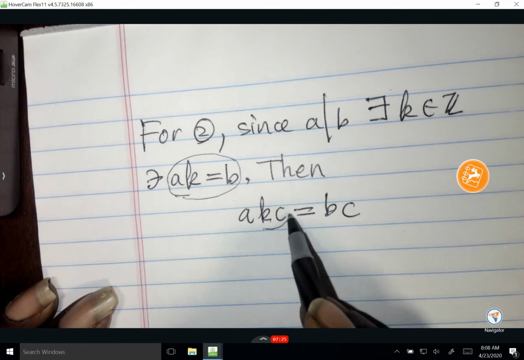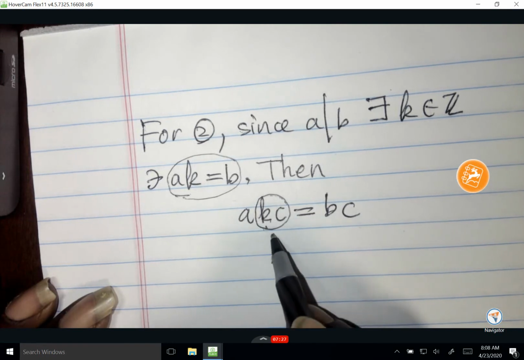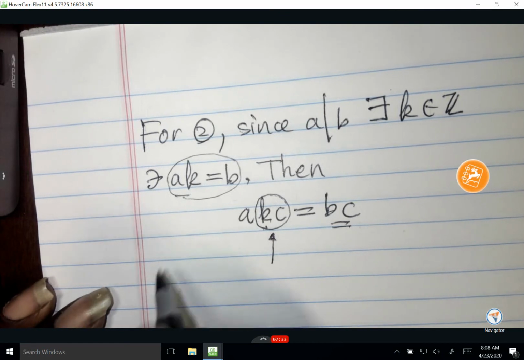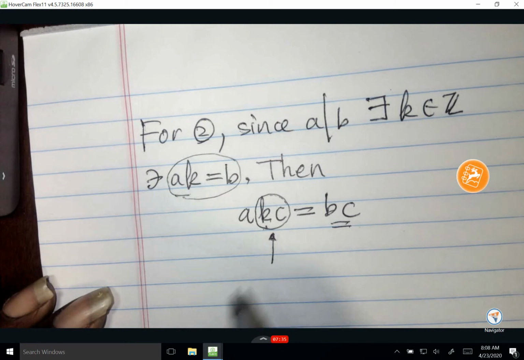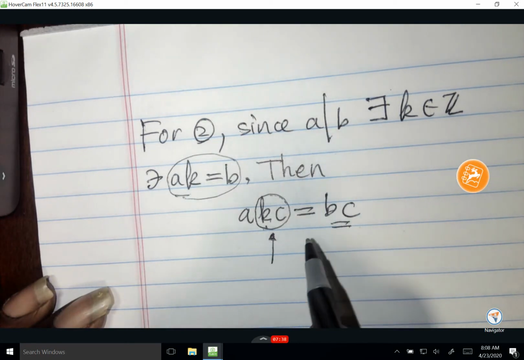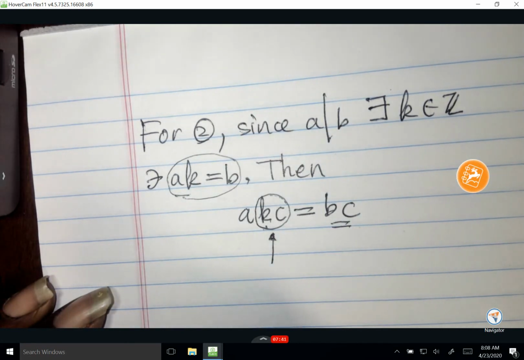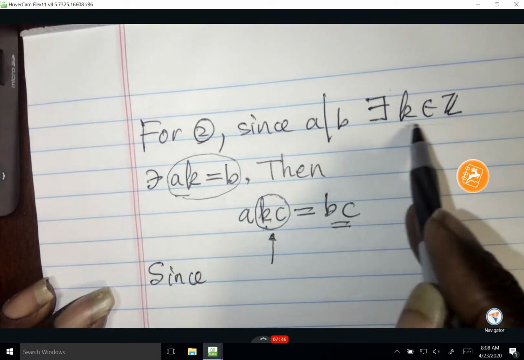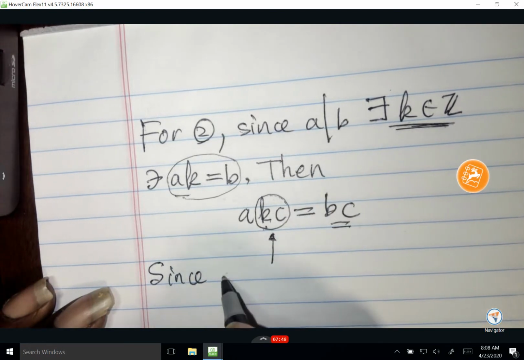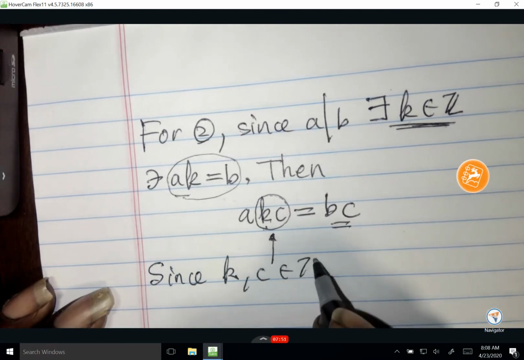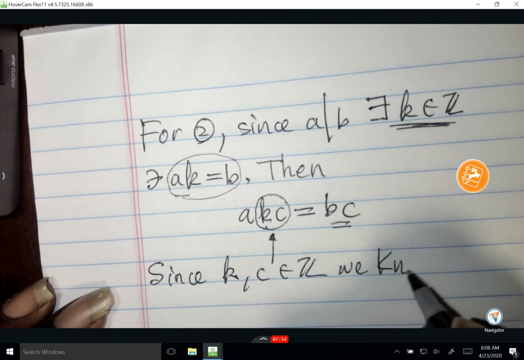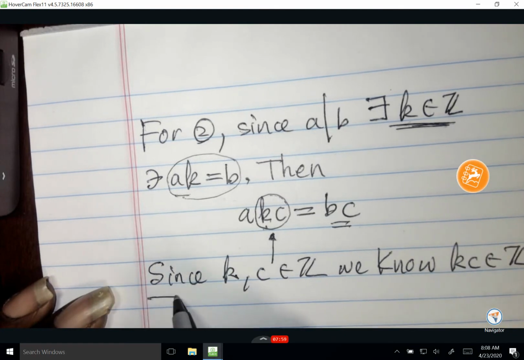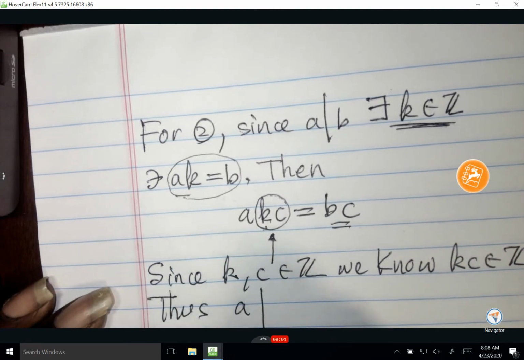And so you've just found an integer that multiplies A to BC. As long as you can explain why that's an integer, you now have A dividing BC by the definition just a page ago. So since K and also C were integers, we know KC is an integer. Thus, A divides BC.